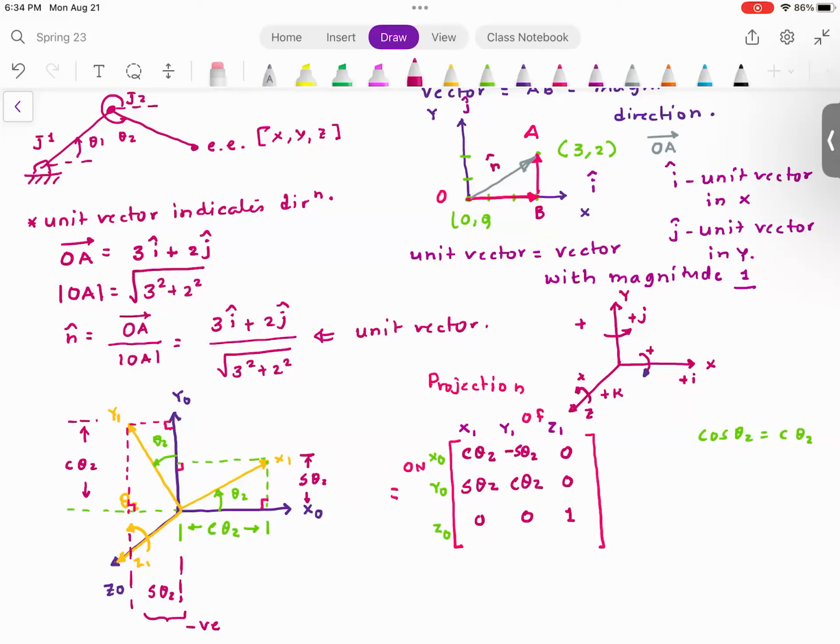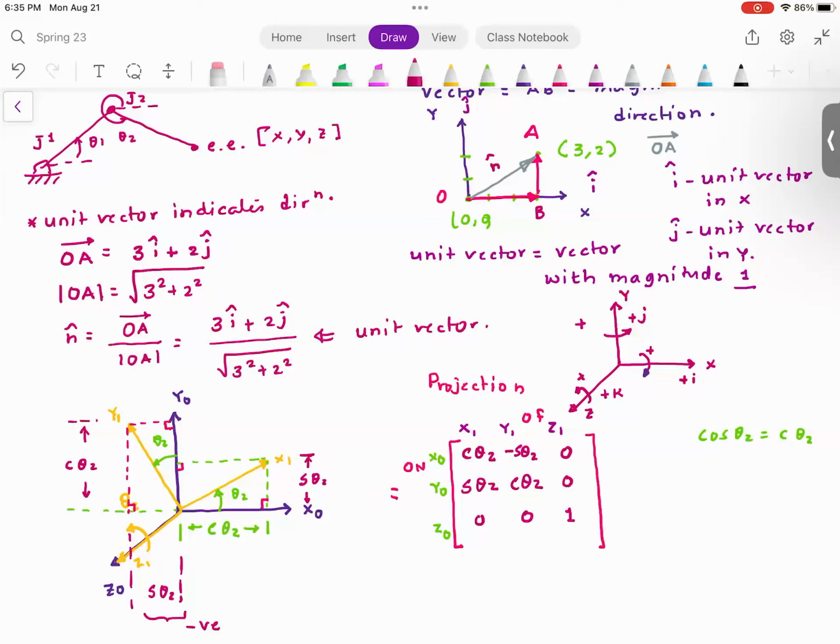So I want to write this rotation matrix, and if you look at these columns, it would be projection of x1, projection of y1, projection of z1, and rows projection on x0, projection on y0, projection on z0.